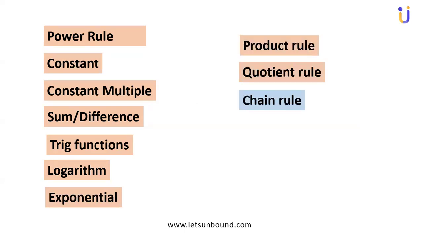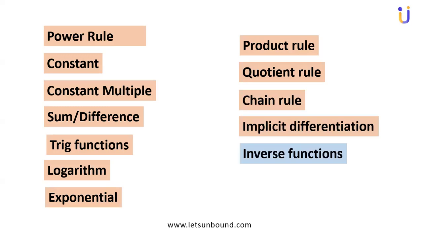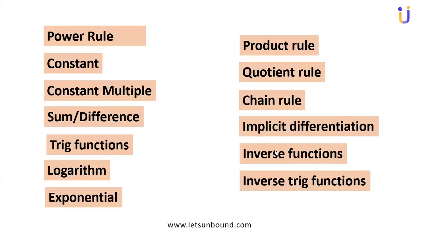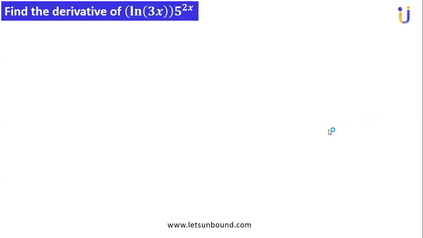These many rules we have learned. And in this unit 3, we have learned the product rule, quotient rule, chain rule, implicit differentiation, and inverse. So these many we have learned in units 2 and 3 combined. So how to approach a problem and what rule to be applied.